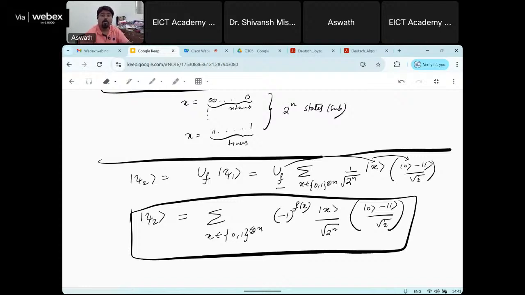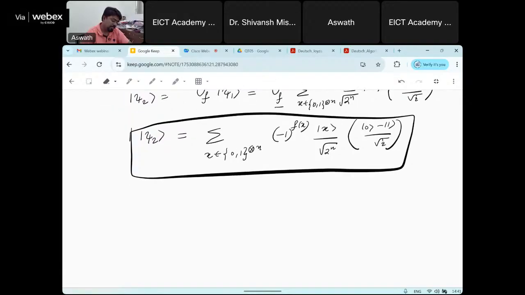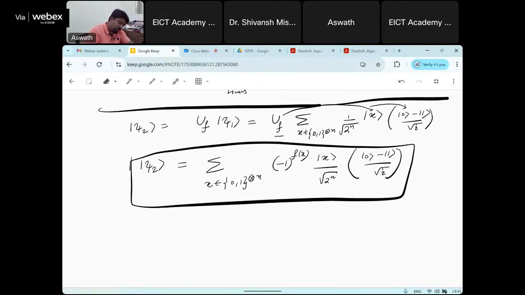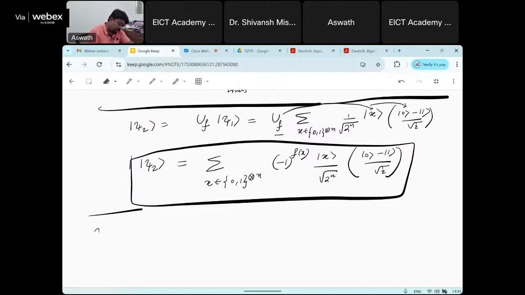If somebody wants to see how it works, you can always reduce the system to a simple case. What is that simple case? Reduce the system to n equal to 1, which is the easiest way. For the n equal to 1 case, what would psi1 look like?